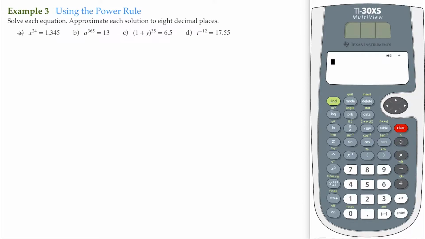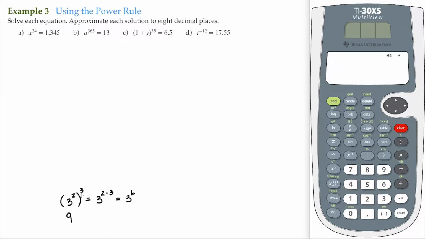The power rule of exponents says that if we have something like 3 to the second power, and then I raise that to the third power, this is the same as 3 to the second times 3 power, which means 3 to the sixth power. If you imagine 3 to the second power, that's 9.